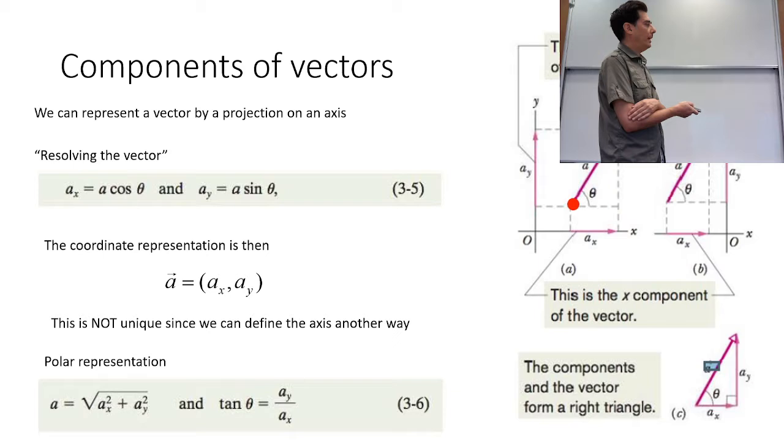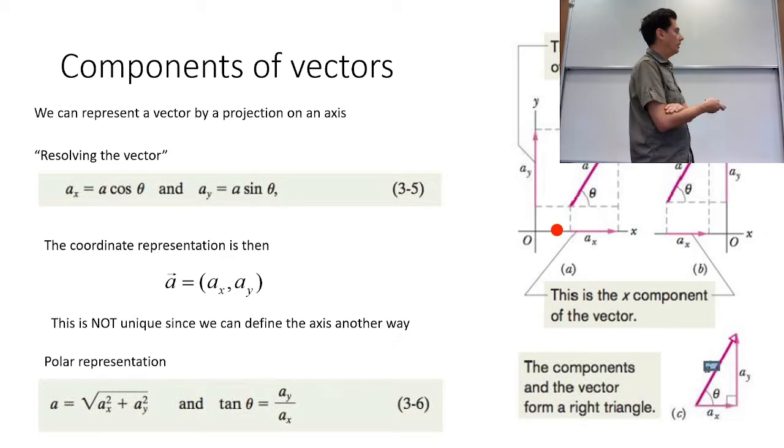The length of this component is given by trigonometry. So a cosine theta is the horizontal component, and a sine theta is the vertical component. We can likewise go the other way and work out the length of the vector by Pythagoras' rule, if you had only the x and y components. Or we can work out the angle by trigonometry: the opposite side over adjacent is the tan of the angle.